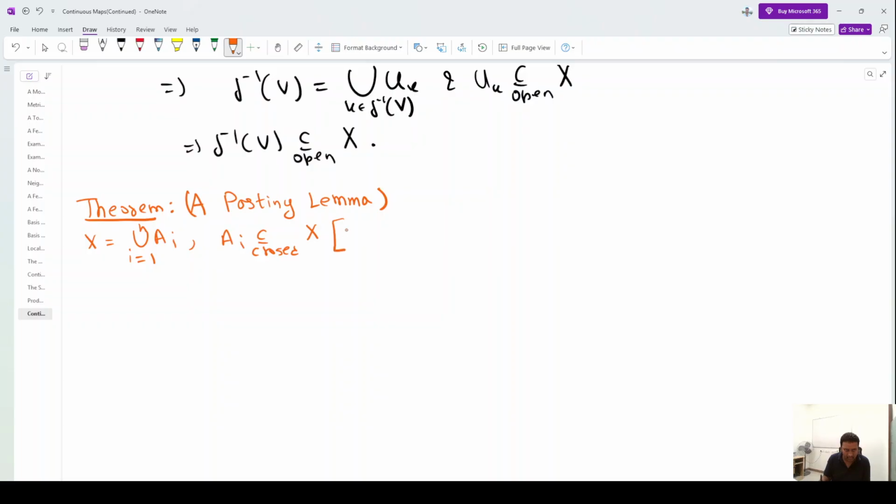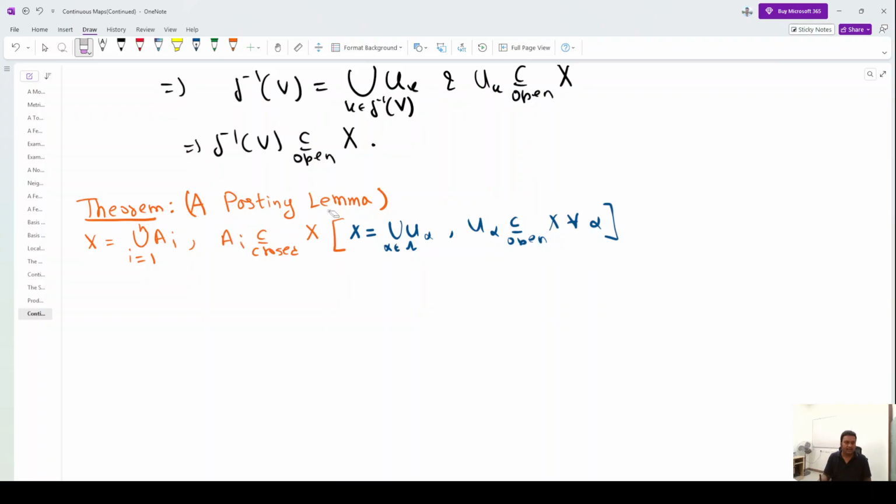Or what you can have is X is the union of U_alpha, alpha in some index set, where the U_alpha are open in X for every alpha.